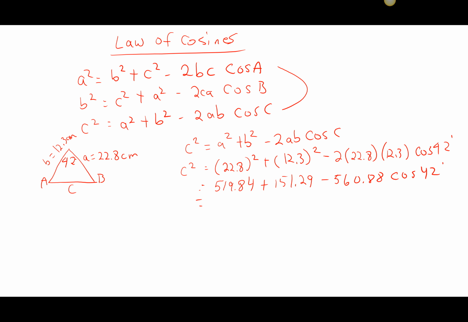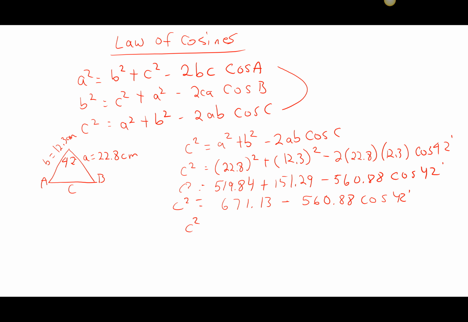So 519.84 plus 151.29 is 671.13 minus 560.88 cosine 42 degrees. Again, this is c squared, because we'll have to do the square root in a second.